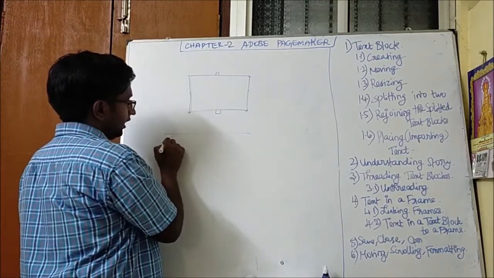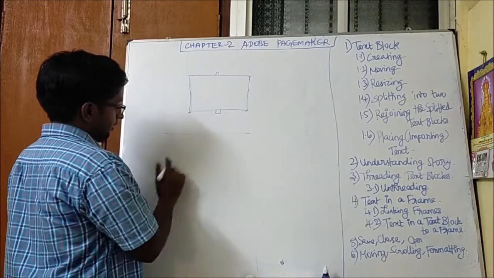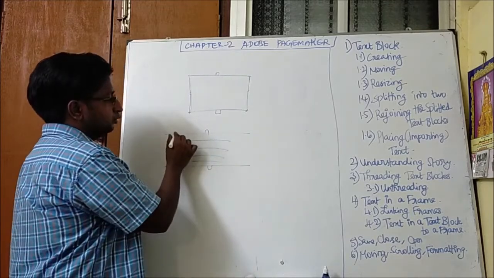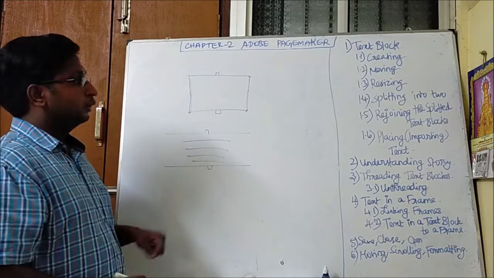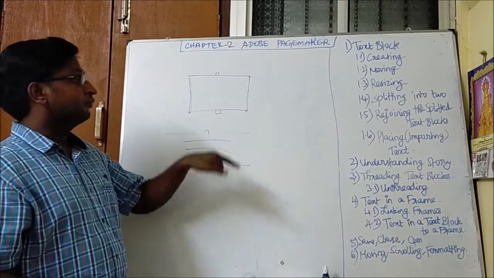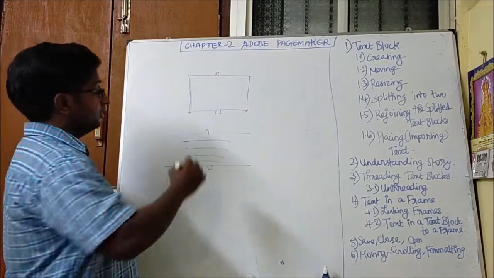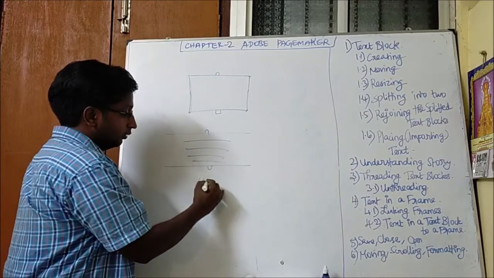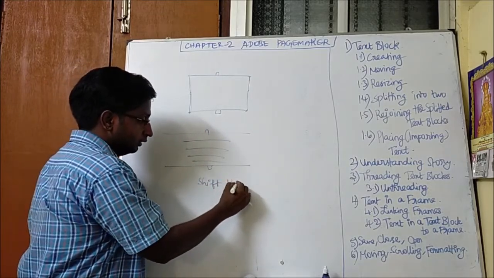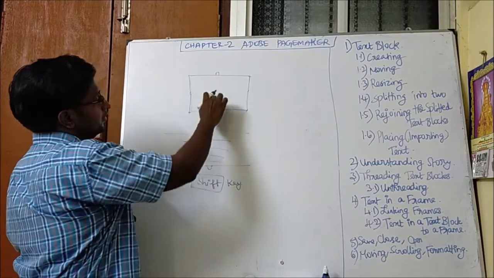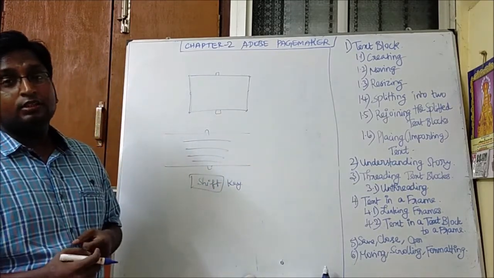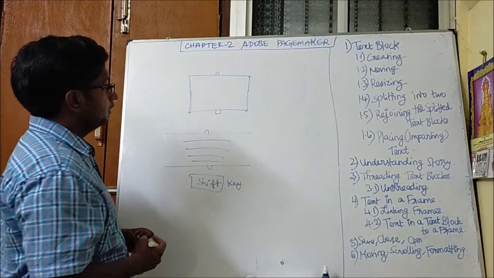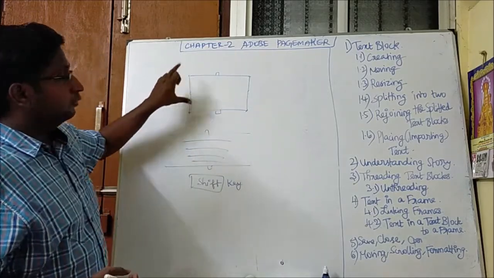Say for example, I have the text in a text block. So I have to select the text. So by pressing the shift key, select the frame. Select the frame where you want to insert the text. Now both the text and the frame got selected.